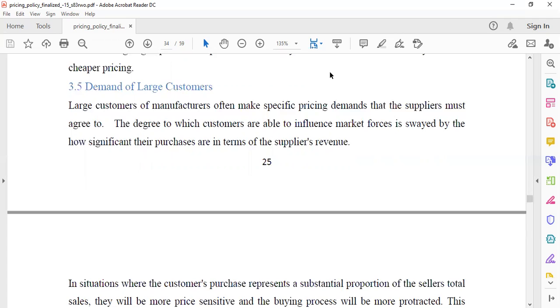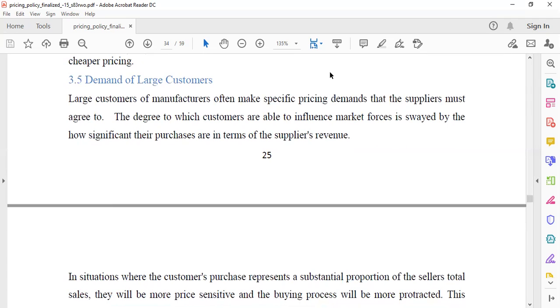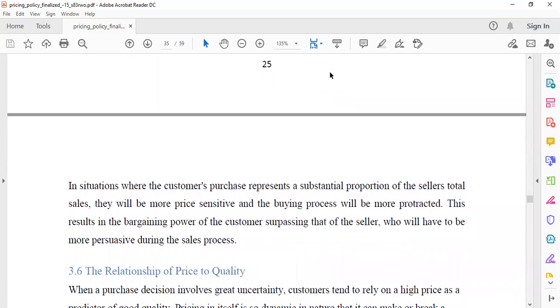So large customers of manufacturers could make pricing demands that suppliers tend to agree to. And the extent to which the customer could affect this is dependent on how significant his purchase is, how large the purchase is in relation to the total sales made by the supplier.